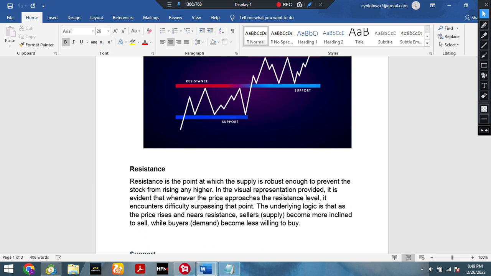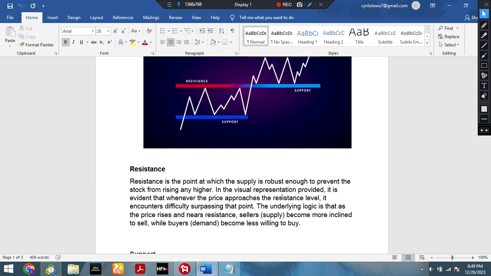The underlying logic is that as the price rises and nears resistance, sellers or supply become more inclined to sell, while buyers or demand become less willing to buy.